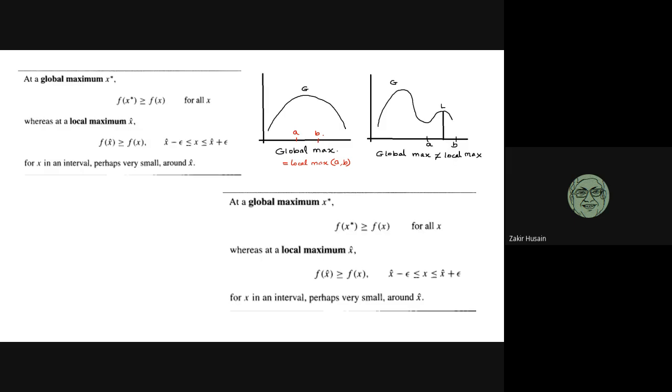So basically what I'm saying over here is that if I have a global maximum, then I will always have a local maximum also. Like over here, we have a global maximum. The global and local may differ within this range.